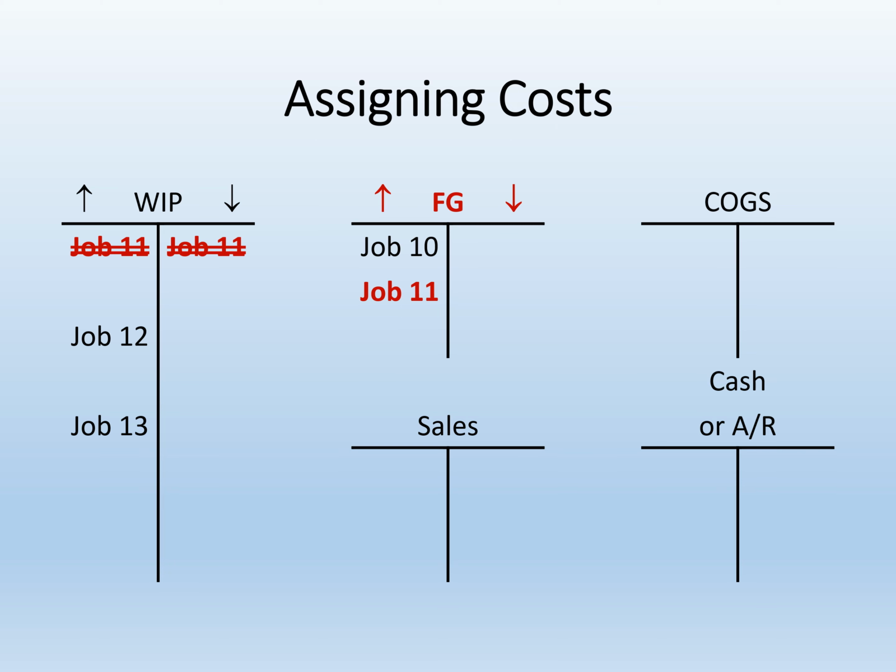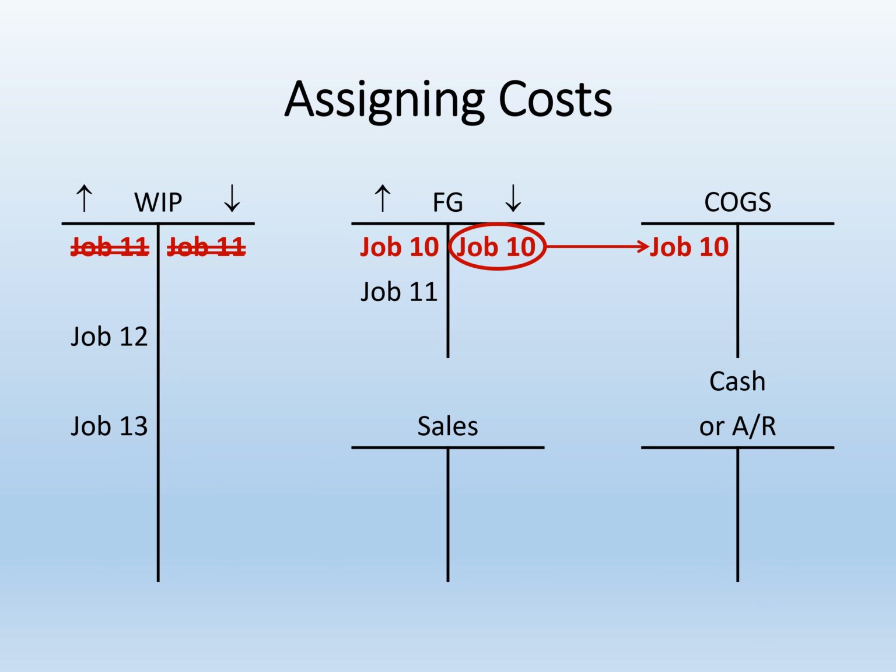Finished goods is an asset. It increases on the debit side when jobs are finished, and it decreases on the credit side when finished units are sold. In this example, job 10, which was already in finished goods, so it must have been made before this period, was sold in this period.